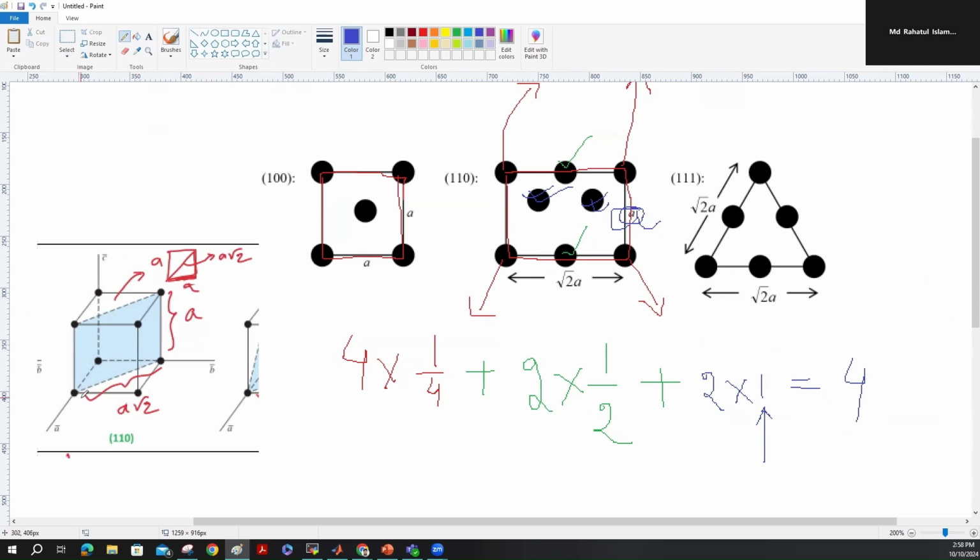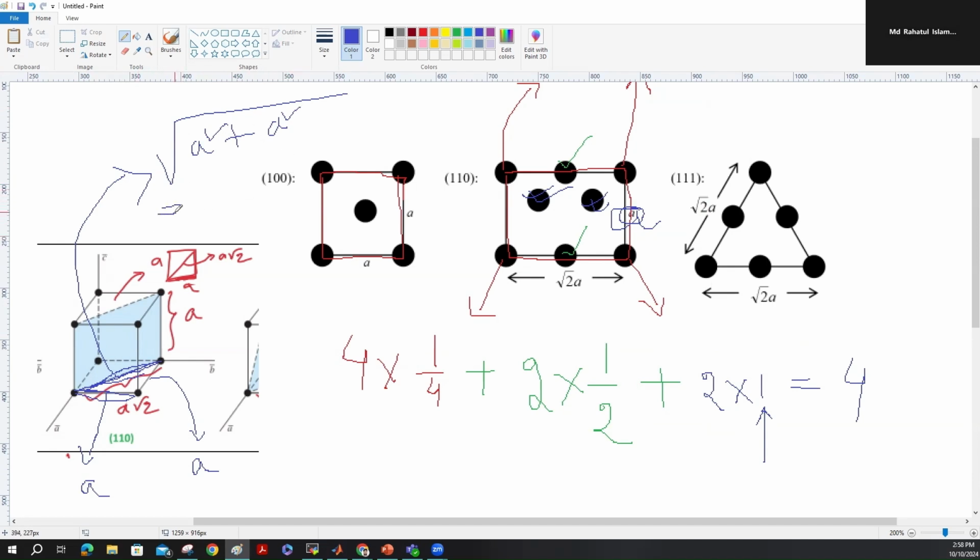Okay, so as you can see, this side is A, and this side is also A. According to the Pythagorean theorem, what will be the length of this dimension of this triangle? It should be root over A square plus A square, right?